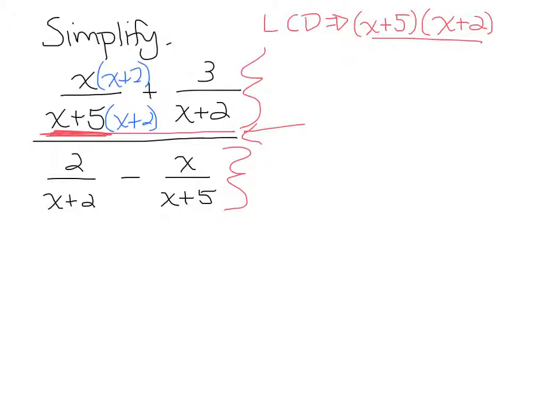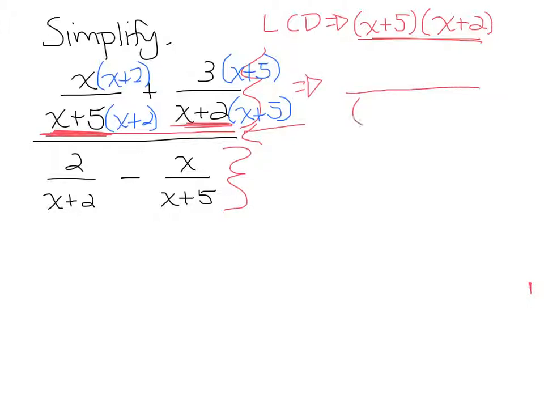Do the same process with the second fraction. If you compare that denominator with my LCD, what's missing? X plus 5. So multiply the top and bottom by x plus 5. This is getting that common denominator. Now let's see what I have whenever I do that.